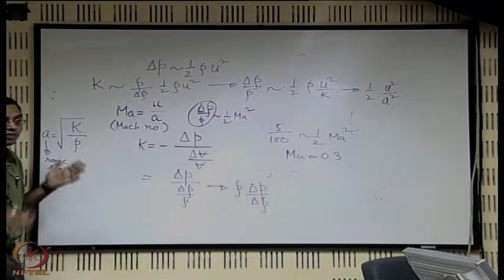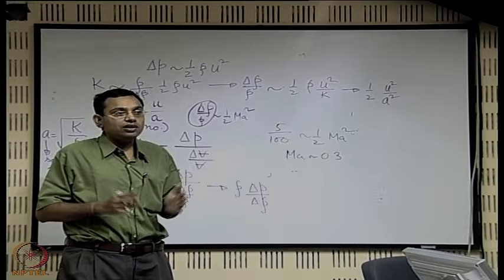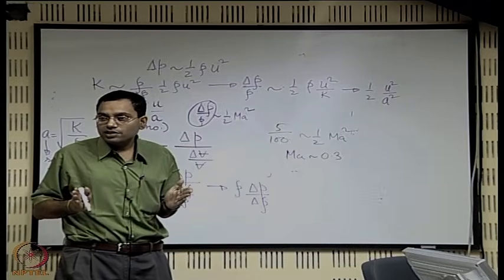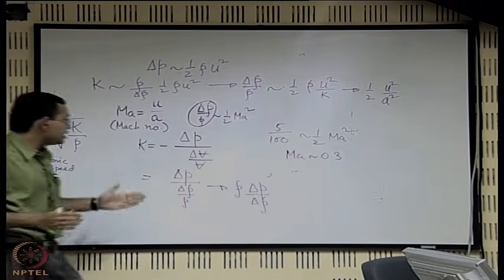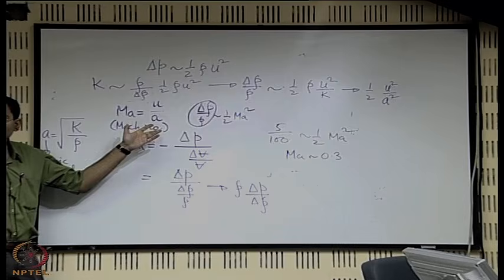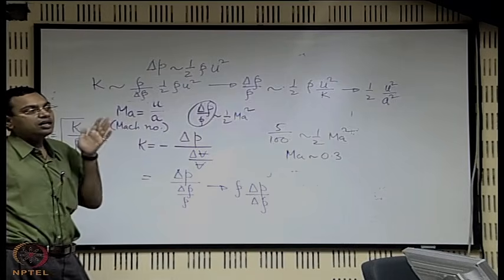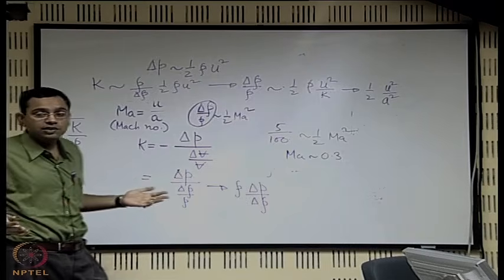So, whenever we are talking about incompressible fluid, we are asking ourselves the question: is there a change in density because of a change in pressure? If the answer is yes, it is significant, we call it a compressible fluid, but the compressible flow definition is something more general.